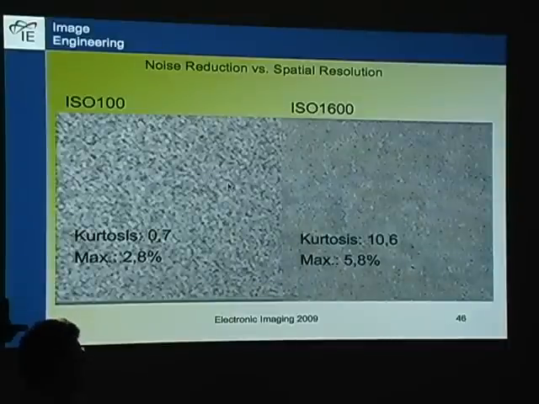So we, in former times, used a contrast that was a little too high, and we're reducing that a little more, and then we will have a very good kurtosis correlation with the degrading of the image.